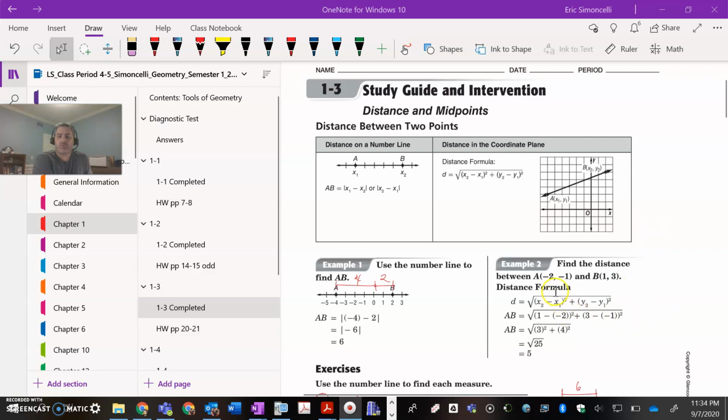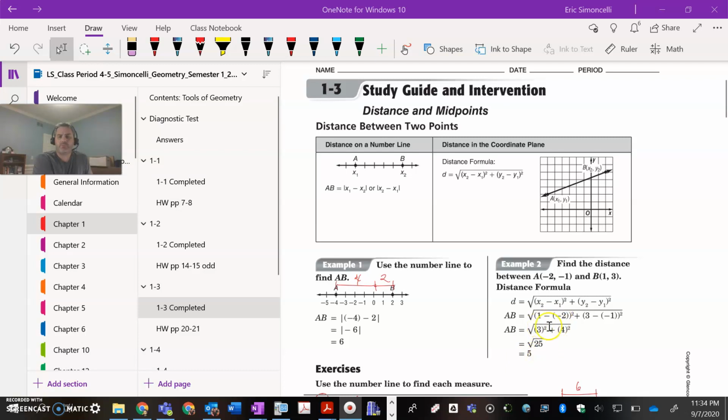As it turns out, if you call this first point x sub 1, y sub 1, and the second point x sub 2, y sub 2, you'll be taking the difference of x sub 2, which is 1, minus x sub 1, which is -2, so 1 minus a -2, quantity squared, or of course what, 3 squared, and then plus 3, right, minus a -1, quantity squared, or 3 plus 1, which is 4, quantity squared. 3 squared of course is 9, 4 squared 16, add the 2, you get 25, the square root of which ends up being 5. This is a nice answer in that it's rational as opposed to irrational, and that's because of course 25 is a perfect square.